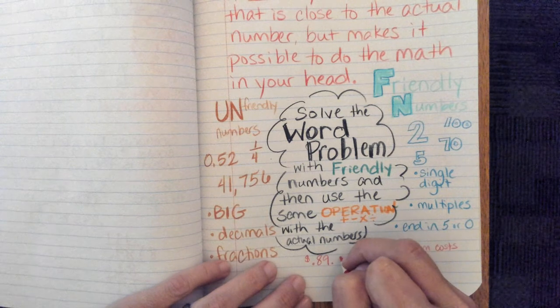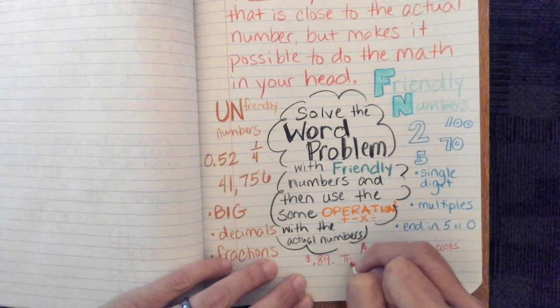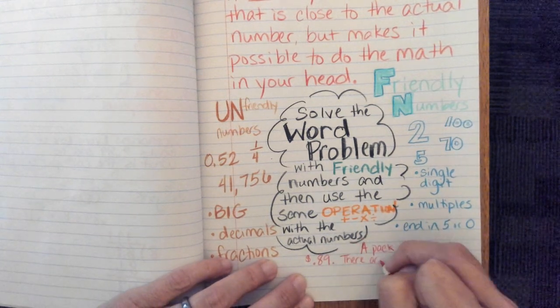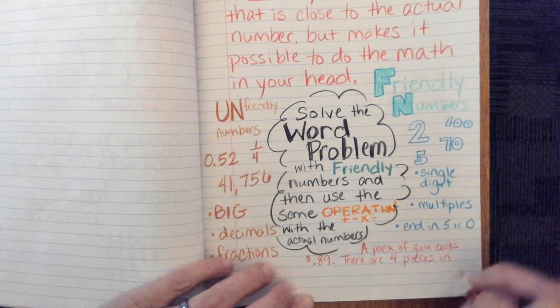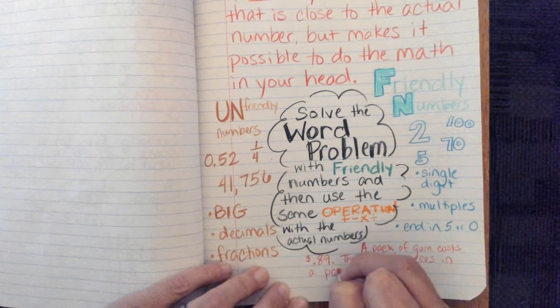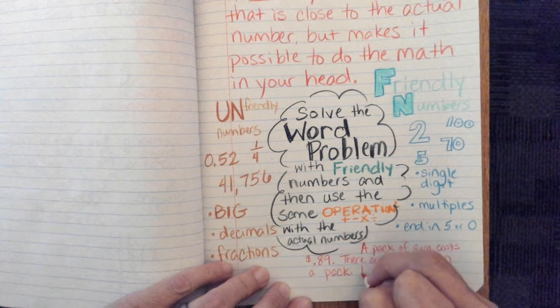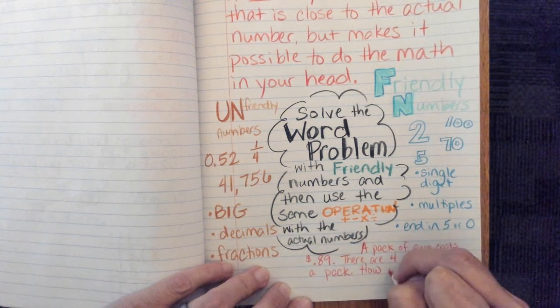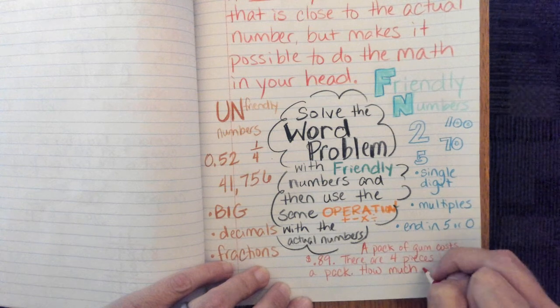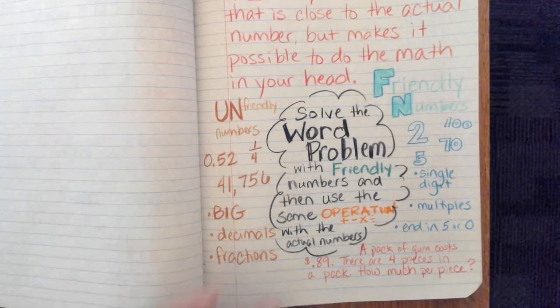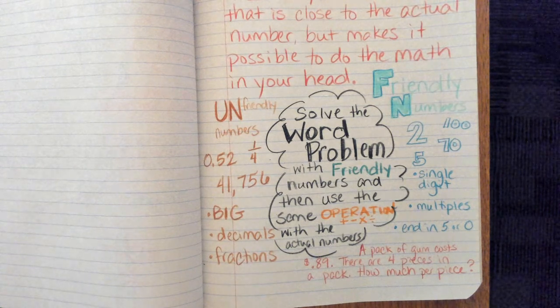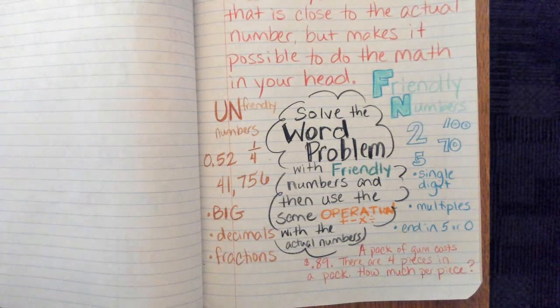There are 4 pieces in a pack. How much per piece? So there's a pack of gum that costs 89 cents, and there are 4 pieces in a pack.